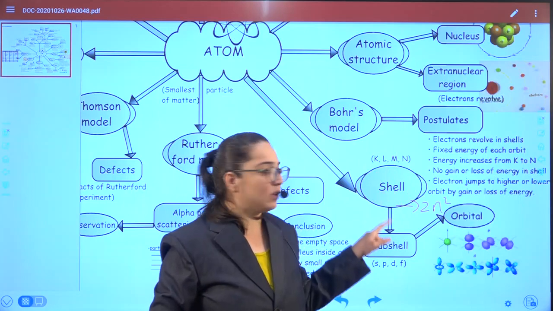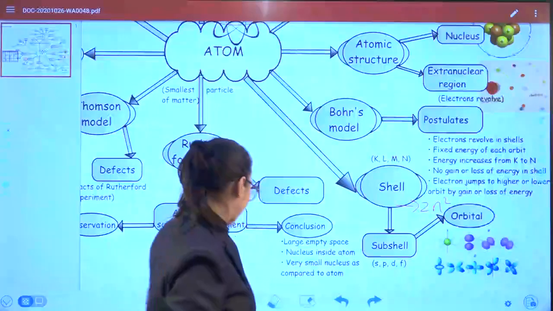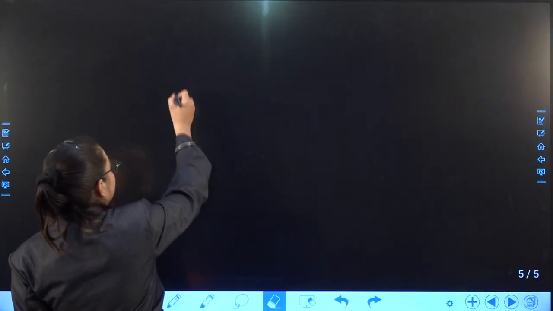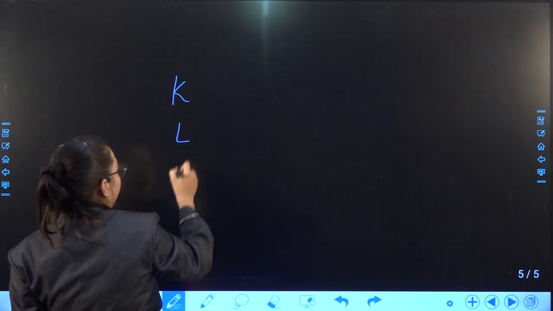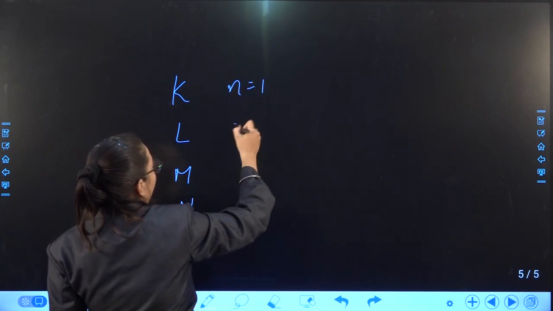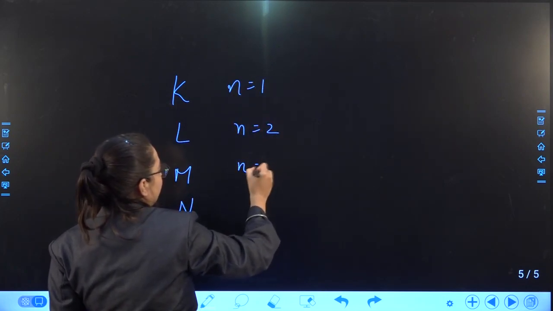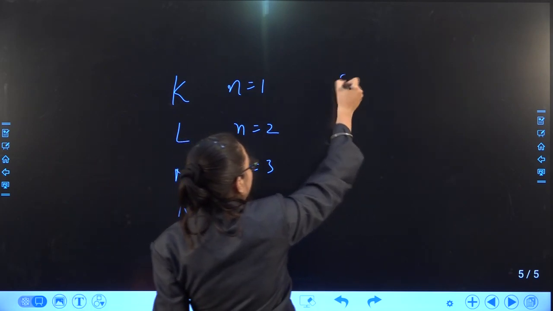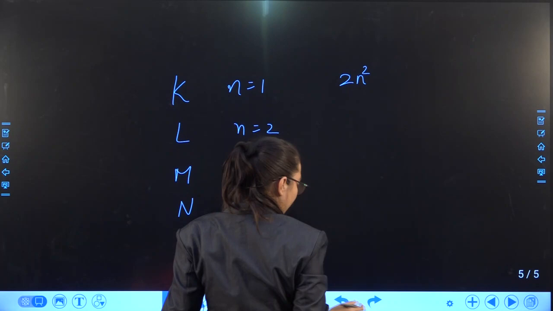If it's K, then n is equal to 1. I hope you remember this. Here n is equal to 1, n is equal to 2, n is equal to 3, n is equal to 4. Number of electrons that can come maximum is 2n squared.